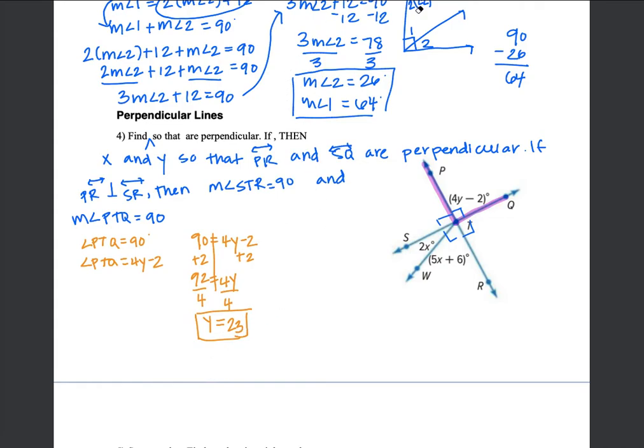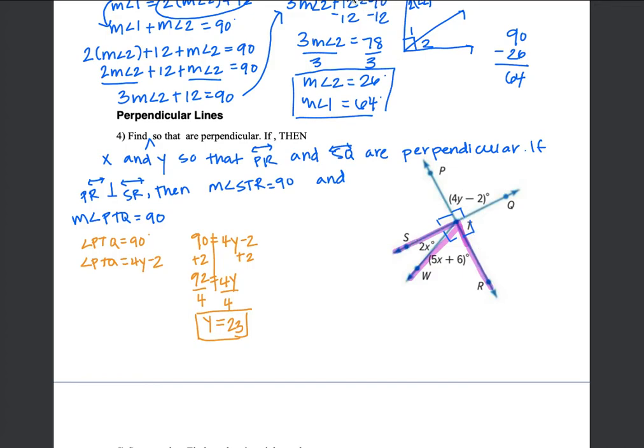Now let's find x. Let's focus on over here because this is where we have x, right? If we look at angle STR, STR is where we see a bunch of x's, so let's look right there. Well, STR is a combination of two angles, right? It's a combination of STW and WTR. So those two angles added together create STR.